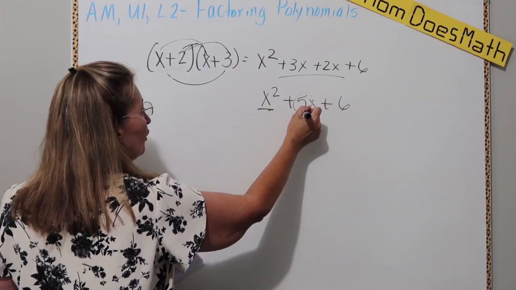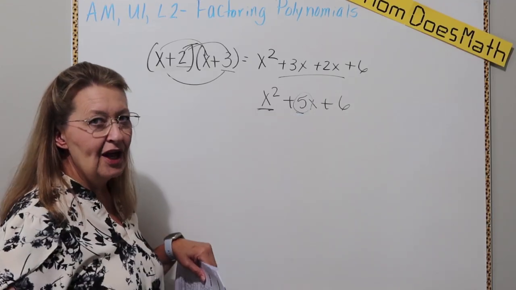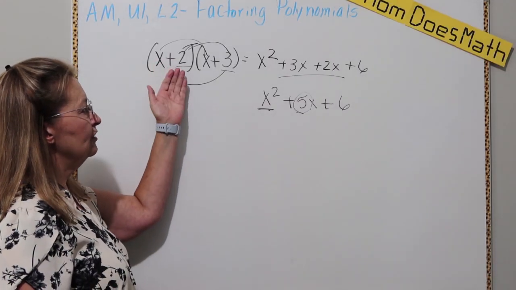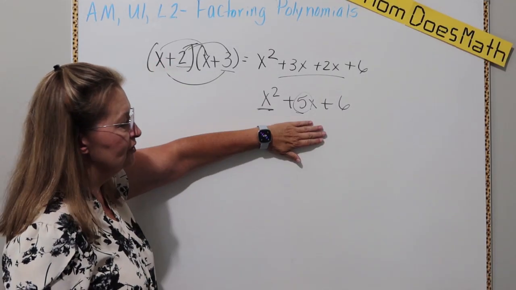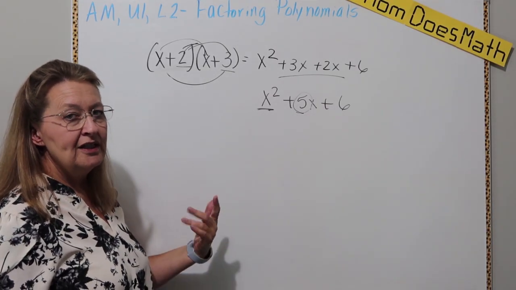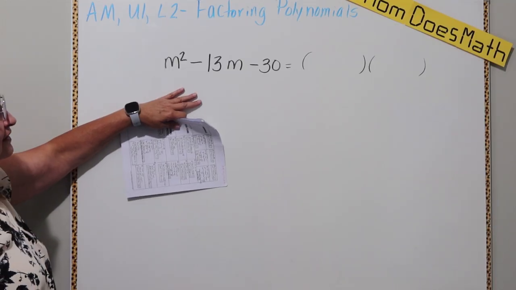And the middle term, you can add those two numbers together to get it. So there is a relationship between the multiplication of two binomials and the resulting trinomial. And we're going to use that information to make it easier to factor one. Okay, so let's look at this example.